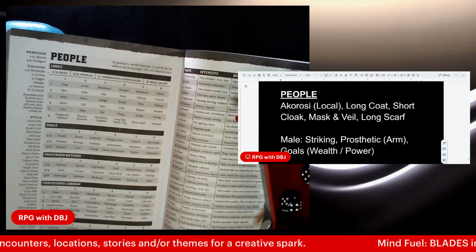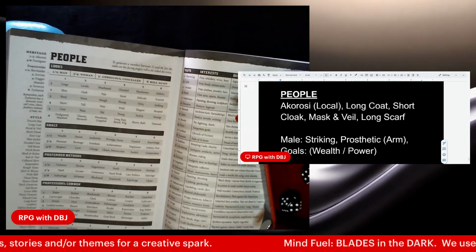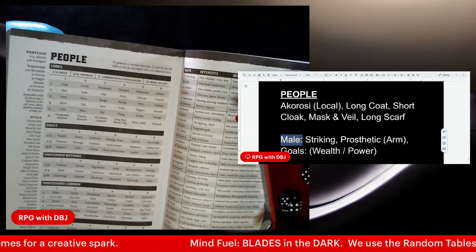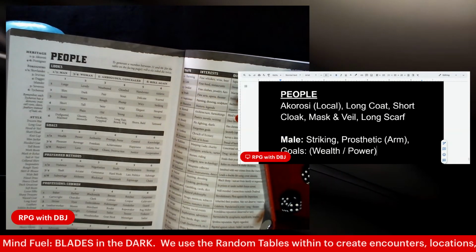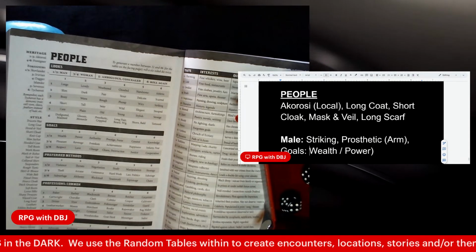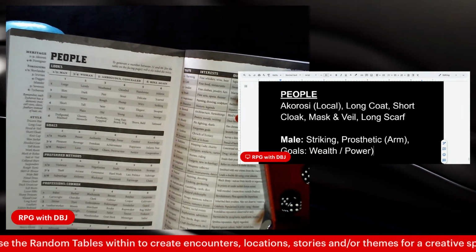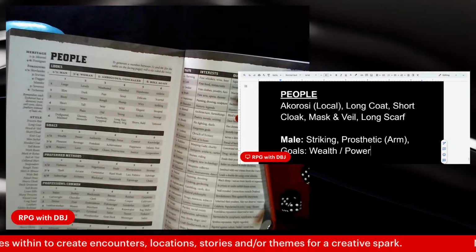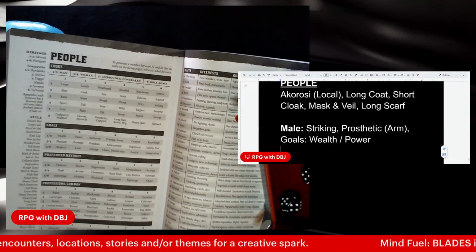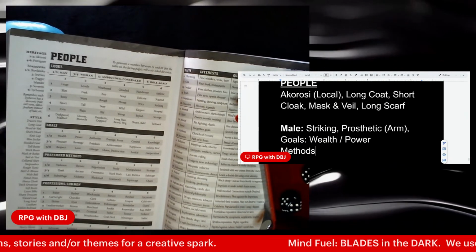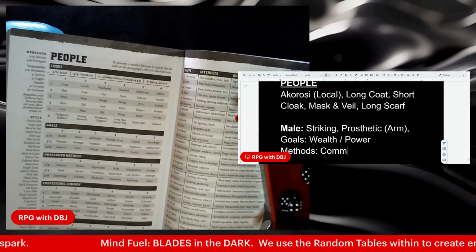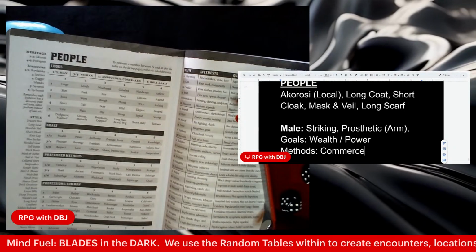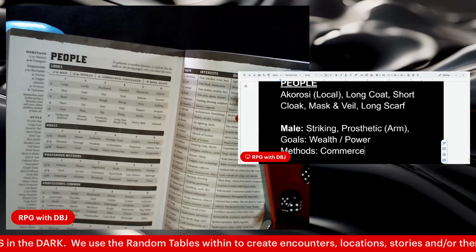Let's go here. Goals, wealth and power. And oops, we will go with methods. Commerce. My fingers, sorry. Commerce. And what's the other one? Hard work.